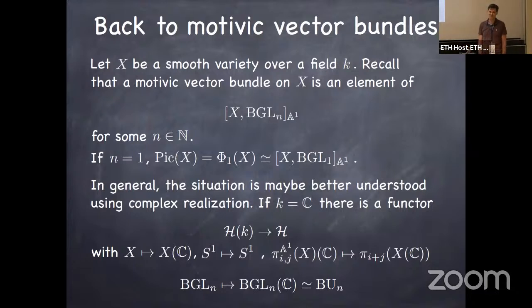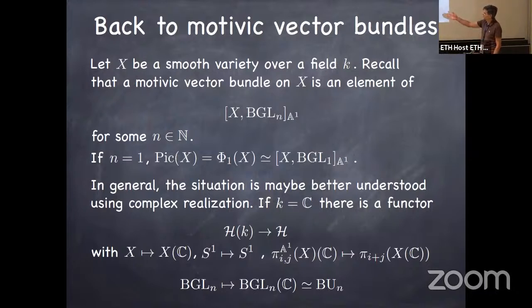S1 is even easier to understand. S1 is S1. And the homotopy sheaves we introduced previously are just sent to the homotopy groups, sorry, of the complex points of C.